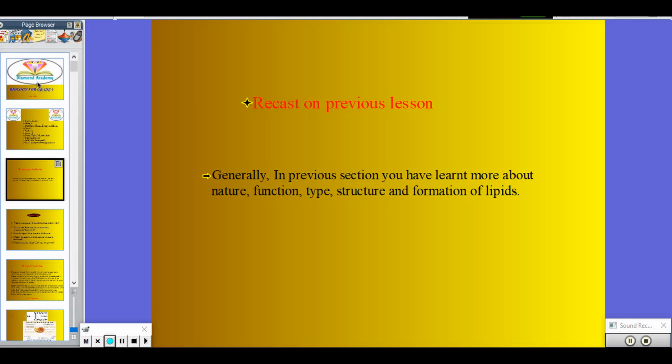Glycerol is a polyhydroxyl alcohol, C3H8O3, and fatty acids have a long hydrocarbon chain. There are two main ways in which fatty acids differ: the length of the carbon chain, and the presence or absence of double bonds.